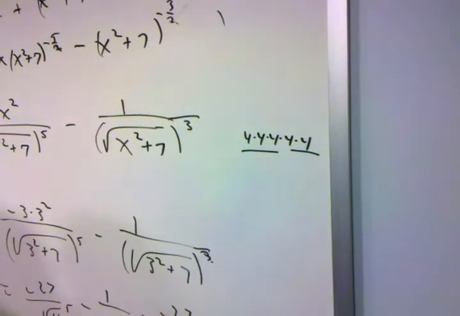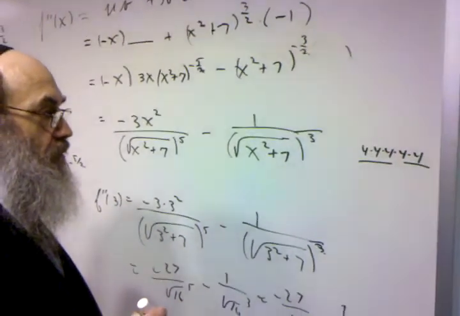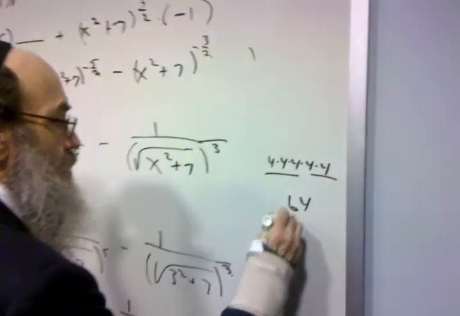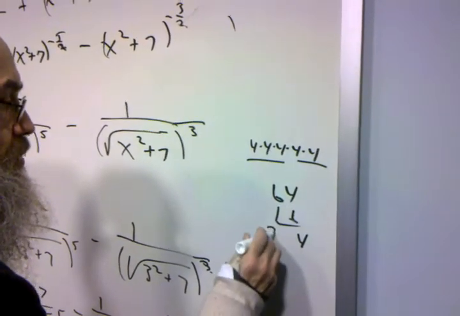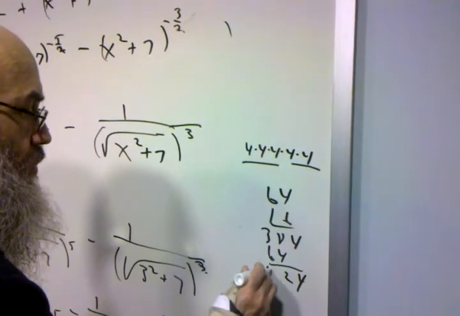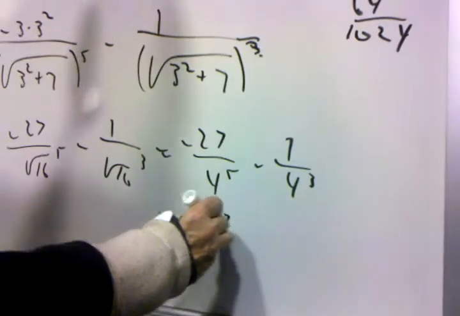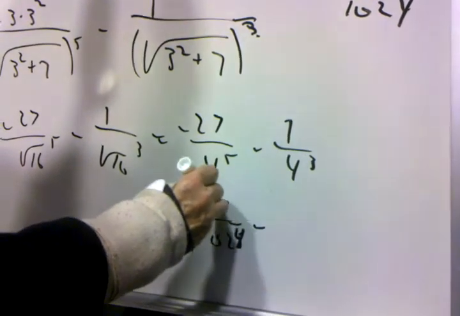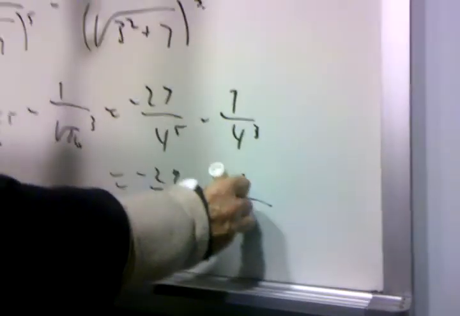Multiply 16 times 64. We get 1024. So this is minus 27 over 1024. Minus 1 over 4 cubed is going to be 64.